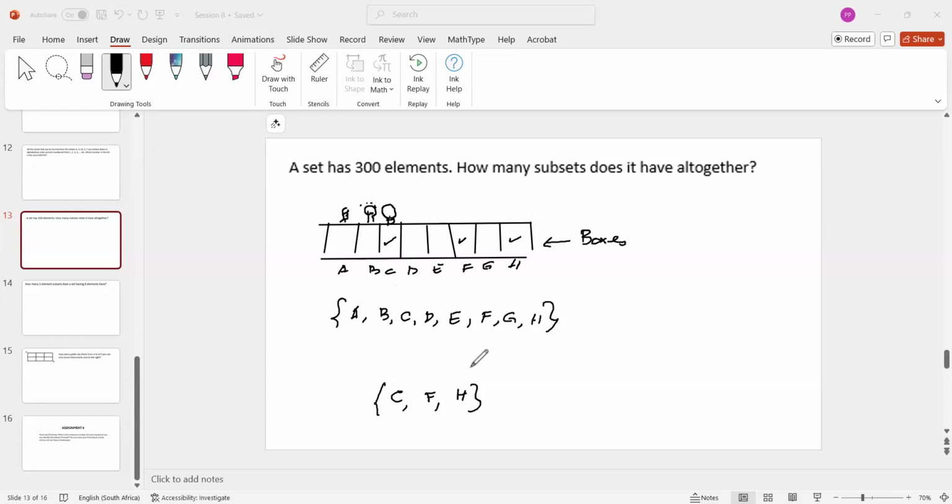See? So like that, you can take any subset and put them inside there, and those particular boxes will light up, and the rest will be dark.